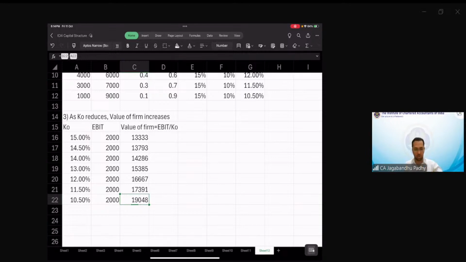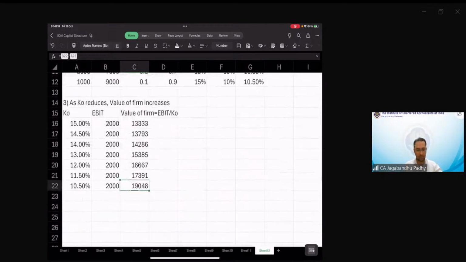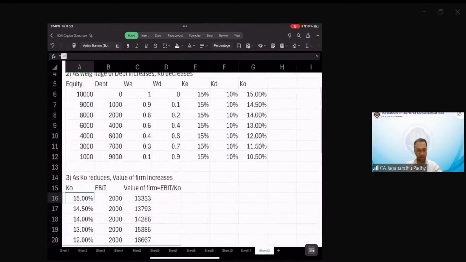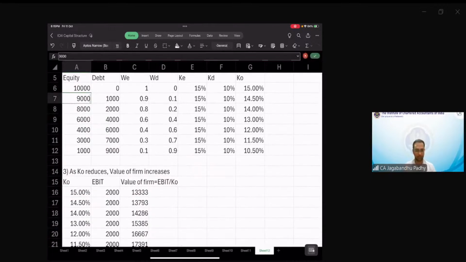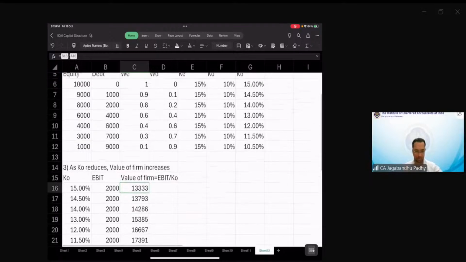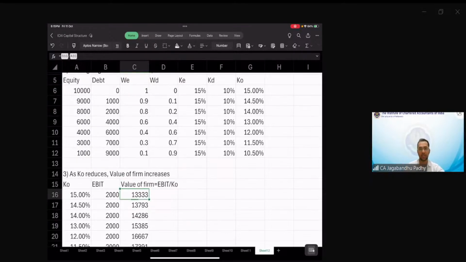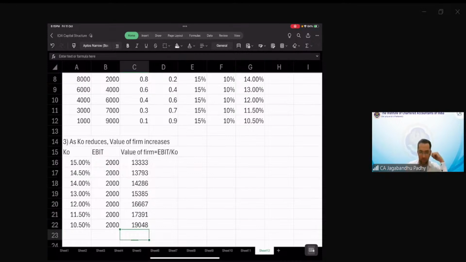Okay, so can we say that initially, when the company was fully equity financed, the value of the firm was 13,330, and as we reduced equity and started replacing equity with debt, the value of the firm kept on increasing?